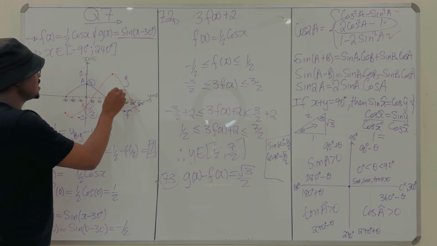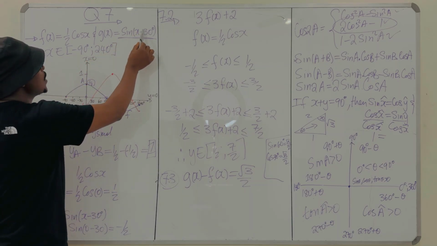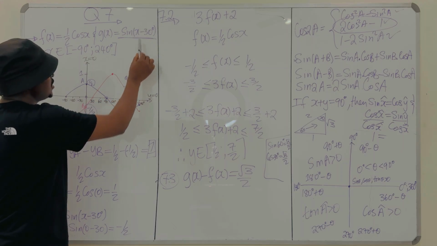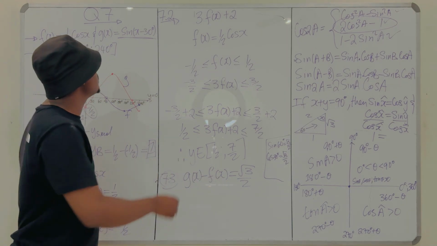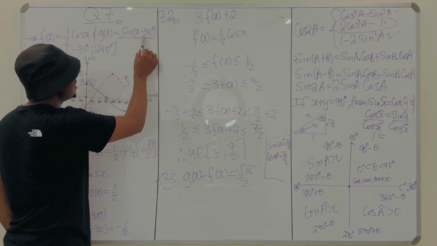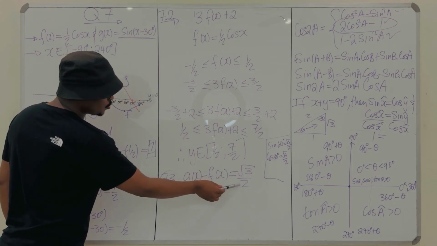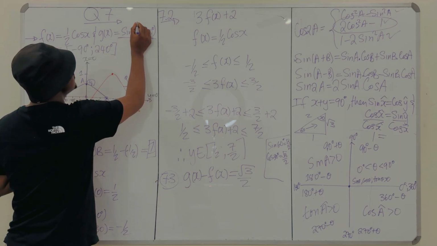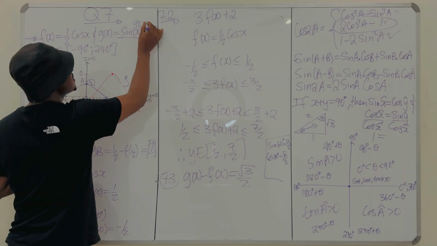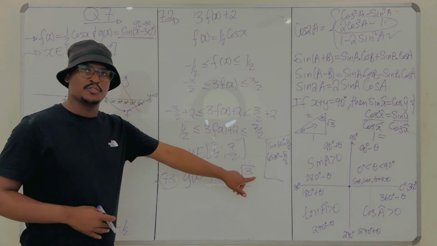Since g is this sine function over here, we need to have 60 degrees here in order to get root 3 over 2. So if we want to have 60 degrees, that would mean our x value should be 90 degrees there, minus 30. Then in that case, we would have root 3 over 2.